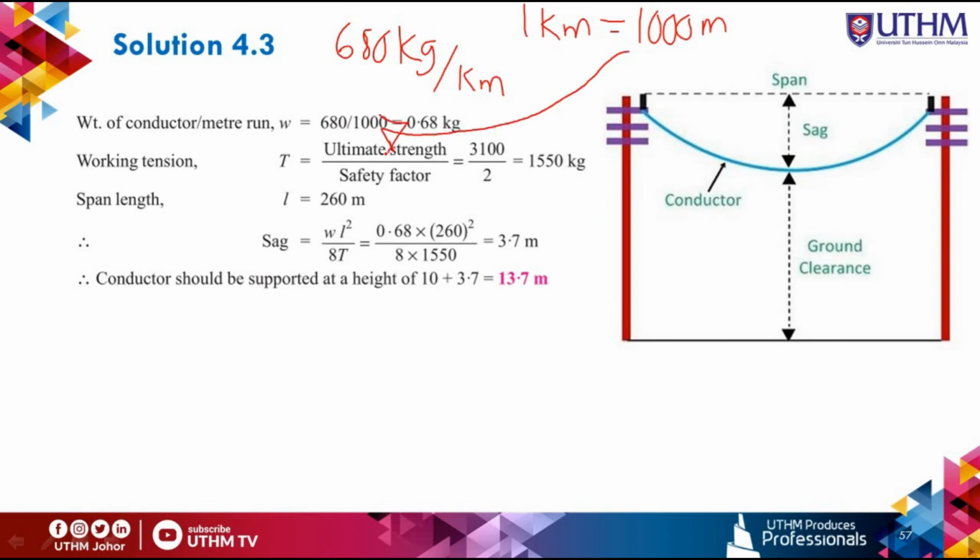So the weight is divided by 1000, and we get 0.68 kilograms per meter.